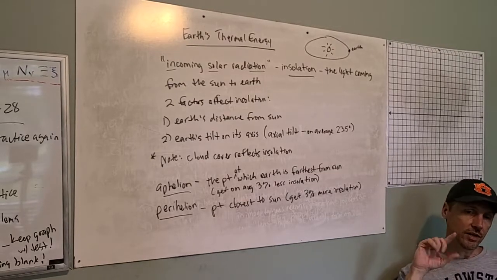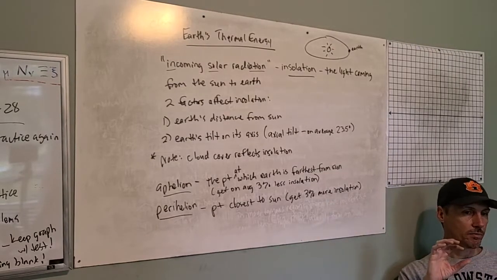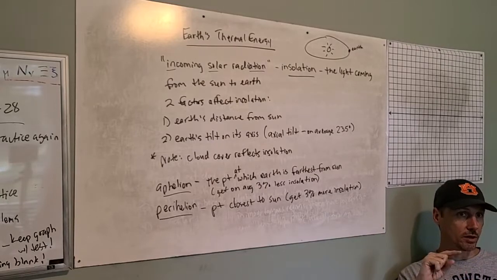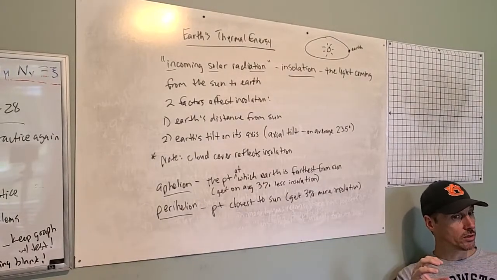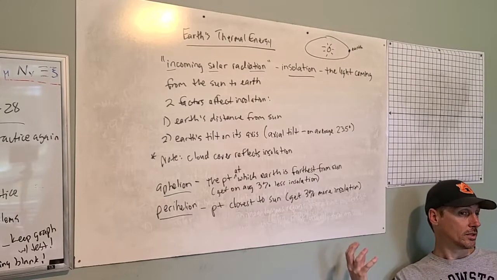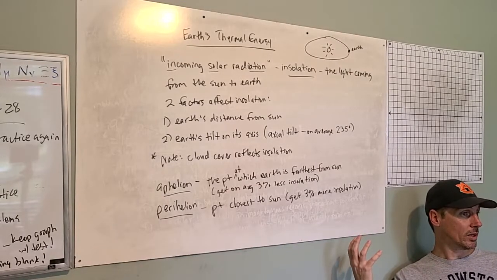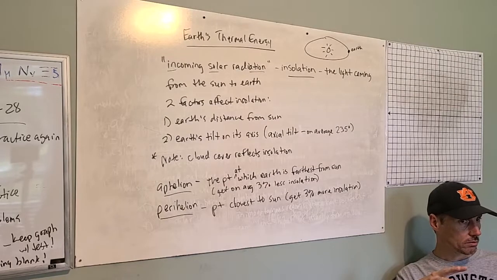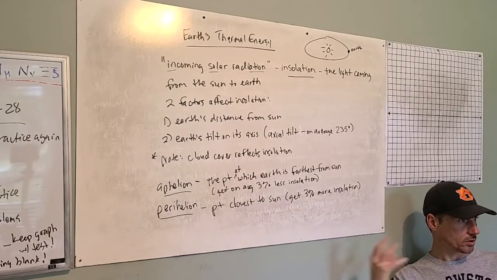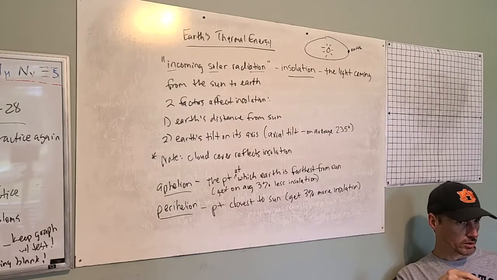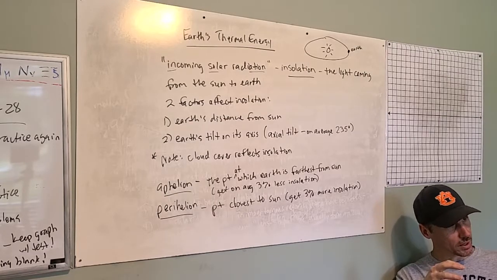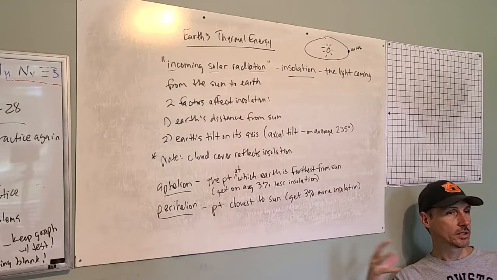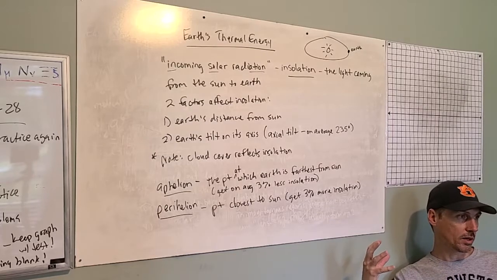And so if during that year the path of the Earth is not perfectly circular, and sometimes we're closer to the sun than we are at other times, you might think, well, that's probably why it's colder certain times of the year and warmer other times, because we would expect that the closer times would be the warmer months and the times that we're further away are the colder months.